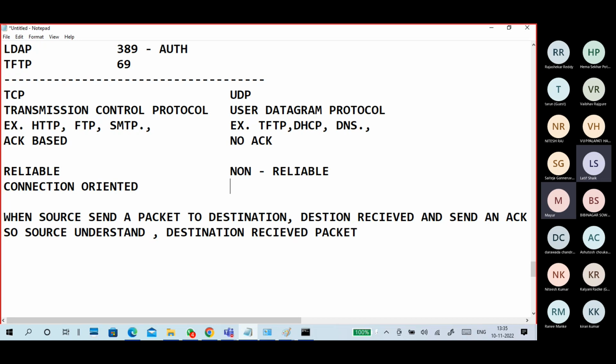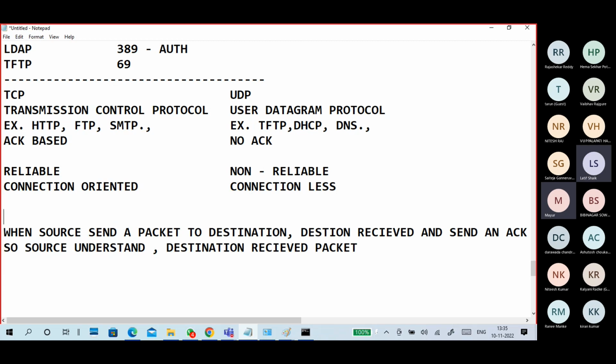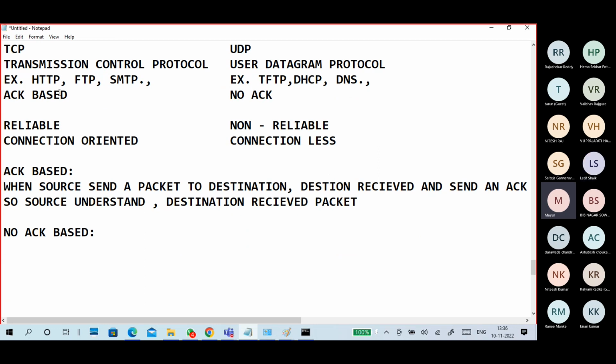The source sends, the destination receives, and the destination sends an acknowledgement to the source telling it the packet was received. So it is acknowledgement-based communication. UDP type communication has no acknowledgement. This is TCP type. Traditionally there is synchronization and many other things.